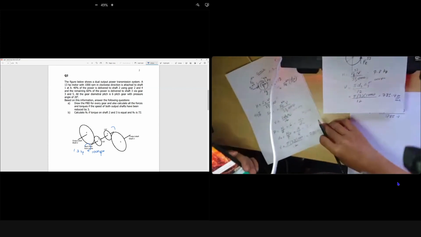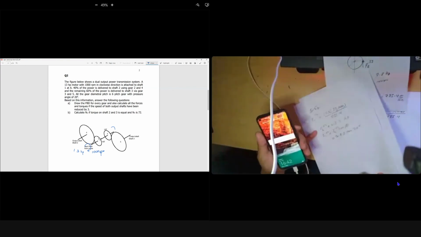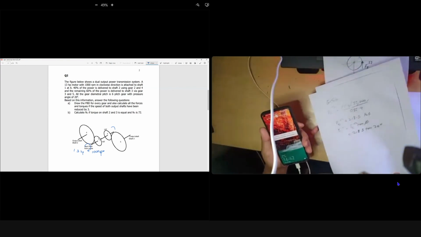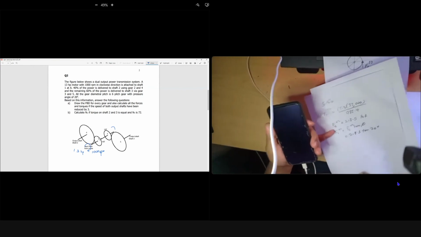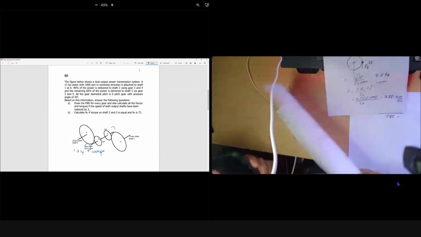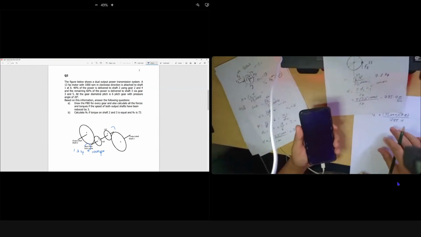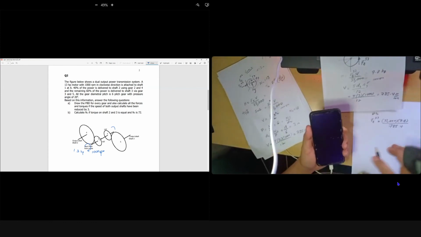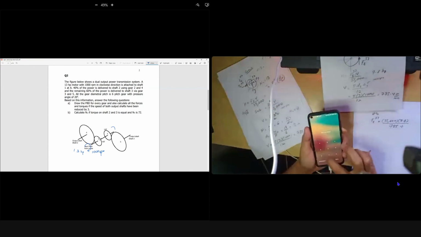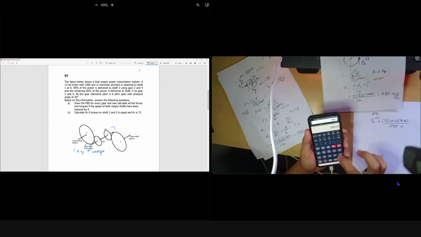F tangent, I already calculated the F tangent for gear 2 and 4 just now. That F tangent is 218.5. This one is for gear 3 to gear 5, divided by 785.4.